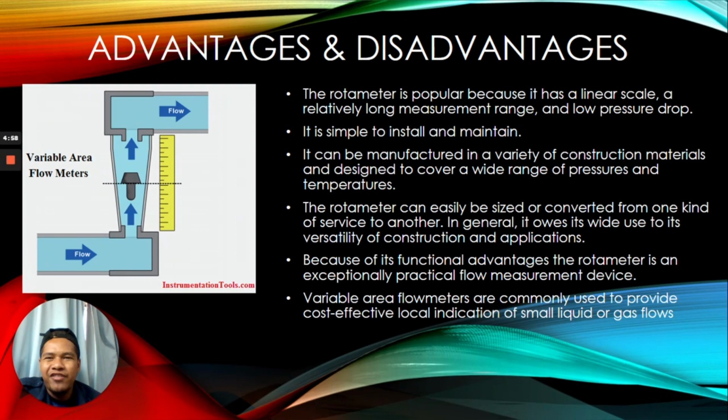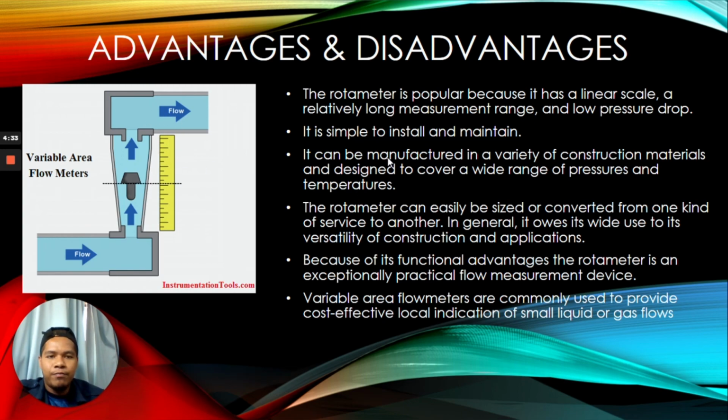Okay, for advantages and disadvantages, the rotameter is very popular because it has a linear scale, a relatively wide measurement range, and low pressure drop. As we can see from the picture given, the liquid or gas flows from the bottom and goes to the outside.